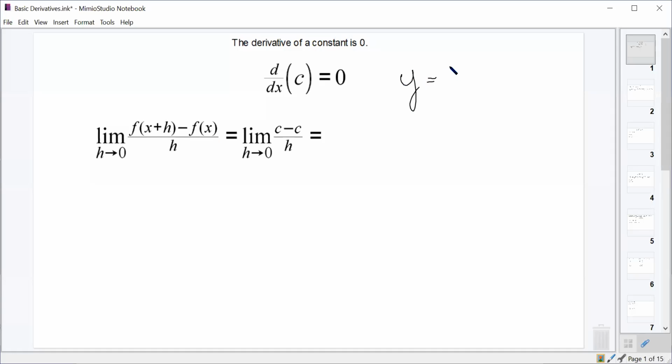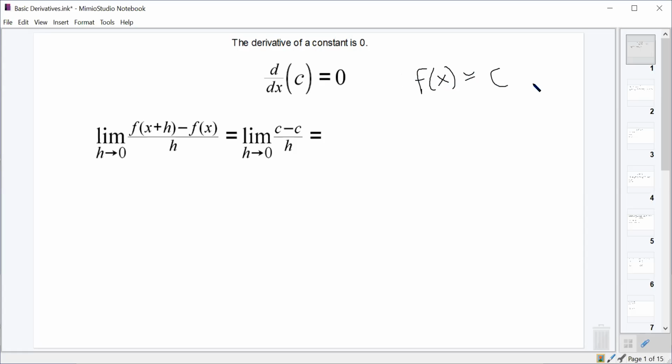If my function is y equals c, some number, 7, 10, -2, pi, 35, doesn't matter what it is, or instead let me say f of x equals c. What is f of x plus h? Well, f of x plus h means take all the x's in your equation and replace them with x plus h's.